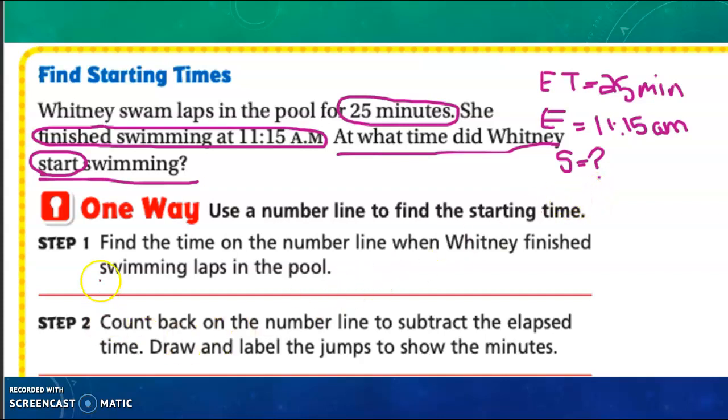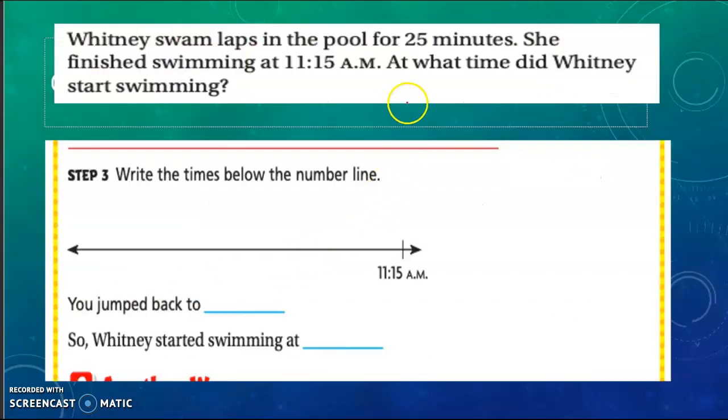So let's see how this would look on a number line. Again, here we have the question and here we have the number line. When you're working on time on a number line, you always want to label your start, end, and elapsed. So this right here is going to be our end time, so we're going to label it with the letter E. We want to know what the start time is, which would be over here.